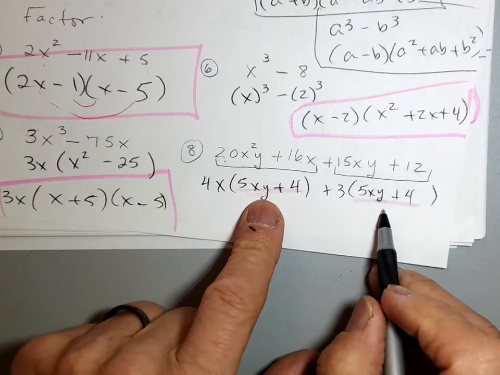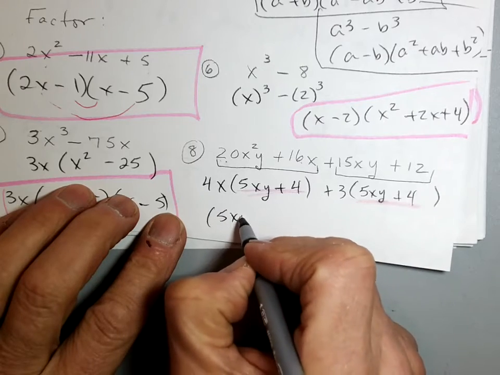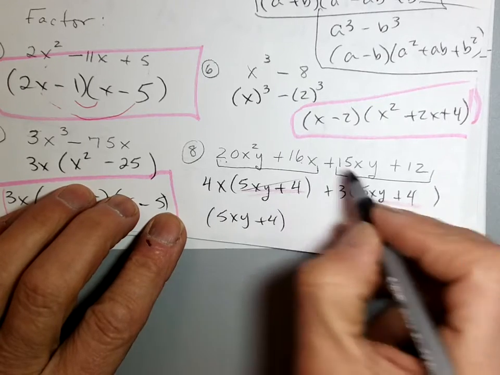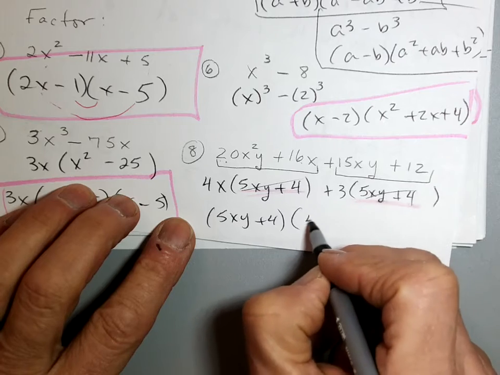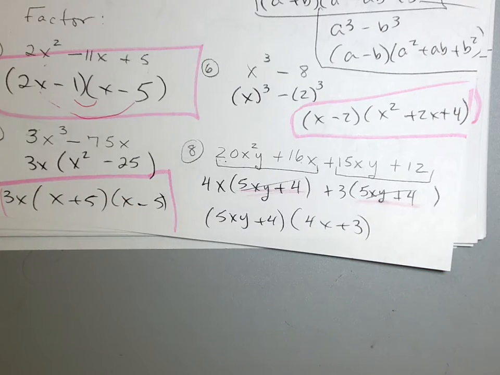They both have a 5xy plus 4 in common, and what's left over is my 4x plus 3. Done.